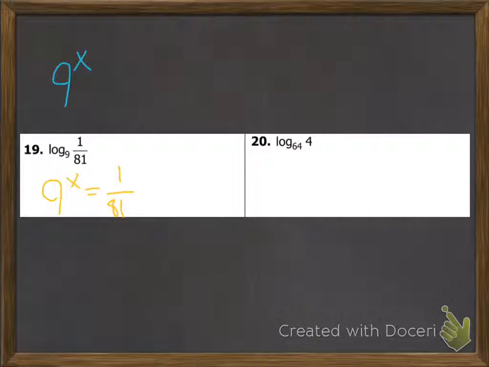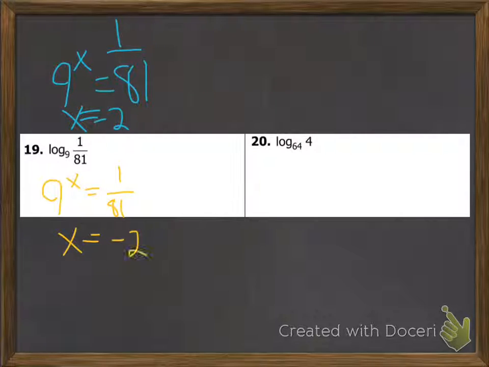What if we had 9 to the x equals 81? Well, we know that x would be equal to 2, right? So if we're going to have 1 over 81, then that means our x is going to be negative in this case. Because remember, if you have a negative exponent, it rewrites it as a fraction. So down here, our x is going to be equal to negative 2.